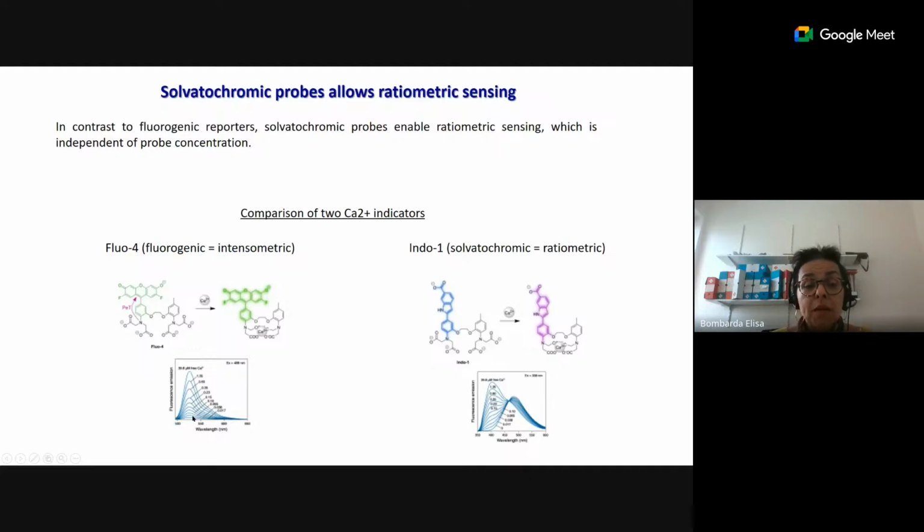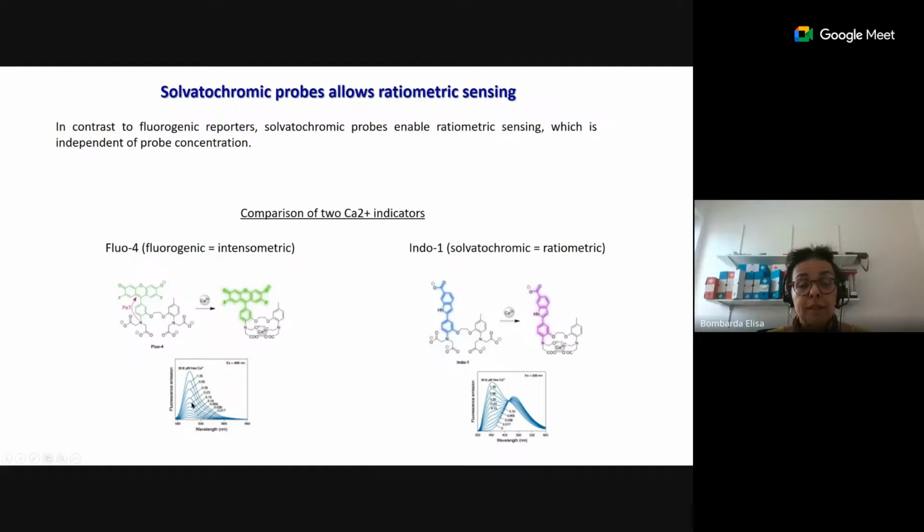So that means that when you have an intensiometric probe, you have to be sure about the concentration of your probes, because you always have to compare what you can compare.